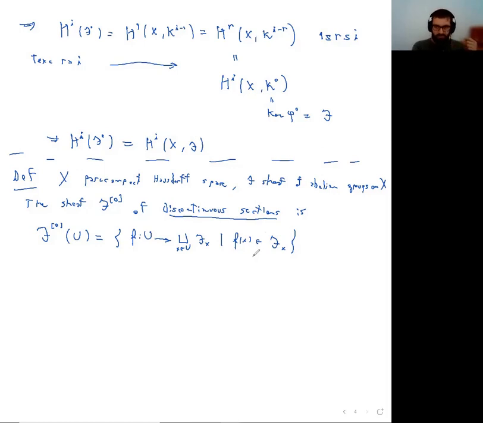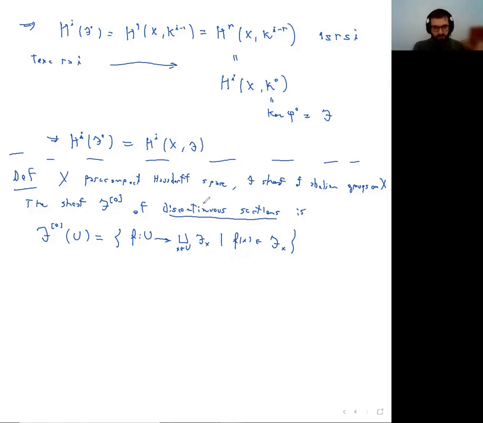I'm trying to draw a parallel between what we're doing now and what we did when we were trying to associate a sheaf to a presheaf. We only add one little extra condition, which can be summarized in words without writing the whole technical thing, that these objects, these f's, must be locally represented by one section.